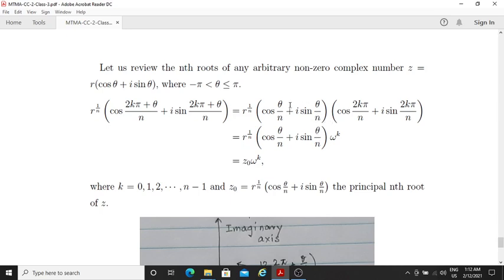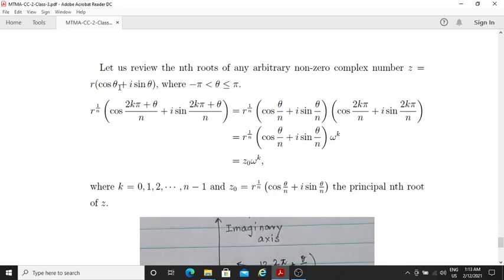The important thing is that this part, which is merely r to the power 1/n and θ/n, is the principal value of the nth root of the complex number.